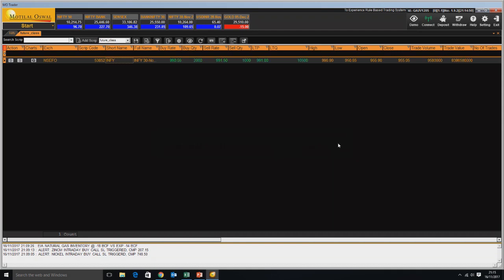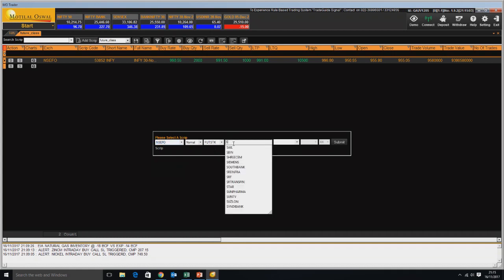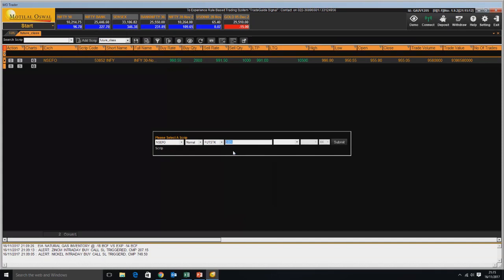I submit it. Then I would like to see another one: PSU Bank, NSEFO, future stock, SBI, State Bank of India. Here I am also interested in the November month. I submit.